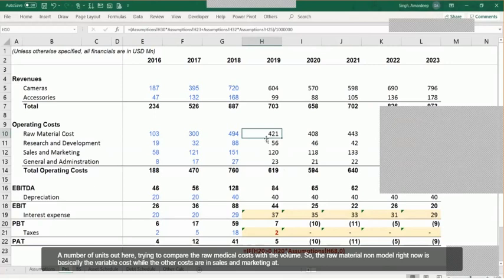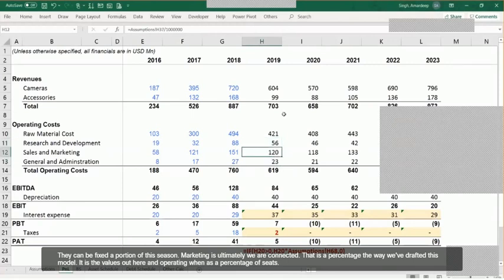The raw material cost in our model right now is basically the variable cost, while the other costs like R&D, sales and marketing, and G&A, we've taken as fixed. A portion of the sales and marketing we have also connected as a percentage of revenue. So the way we have drafted this model, the values in the operating costs are being driven as a percentage of sales.